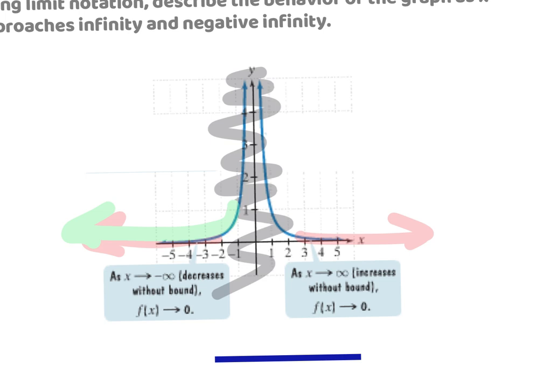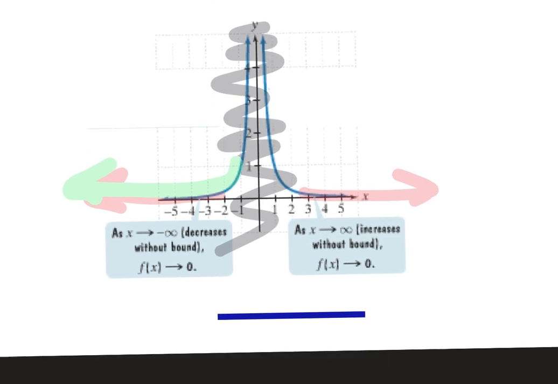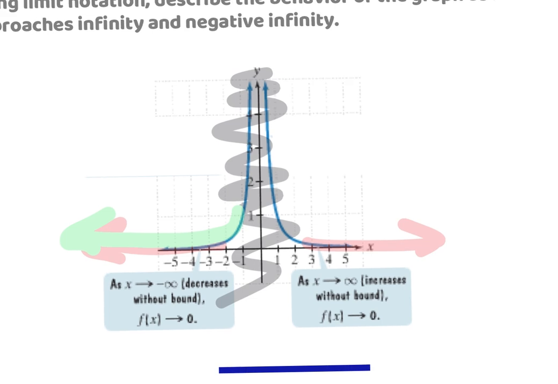They are also getting smaller and smaller, but there's an asymptote there, which stops them from crossing the x-axis. So these values are going to get smaller and smaller, but they are really just going to get close to 0, and they never cross 0. So the way we would say that in limit notation is I would say the limit of whatever this function is, so if this is f of x, as x approaches negative infinity, f of x equals 0.